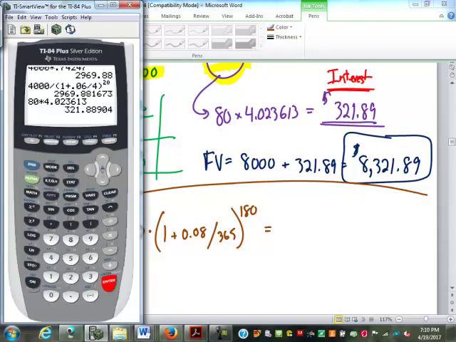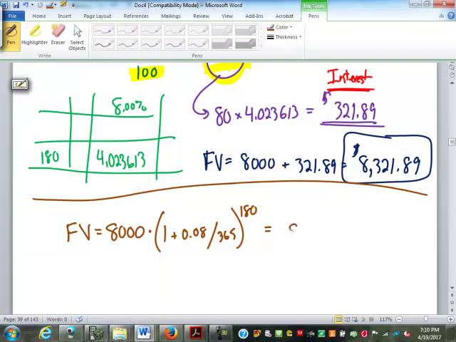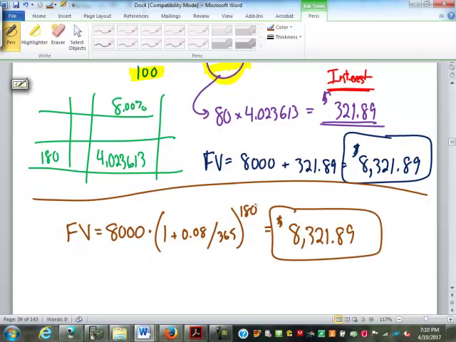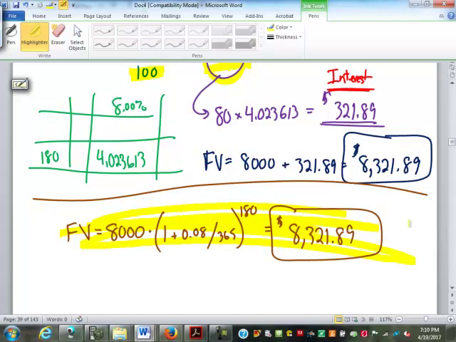Let's see what comes out of that. $8,321.89. Any questions on whether I got any of the numbers in this formula here? Okay.